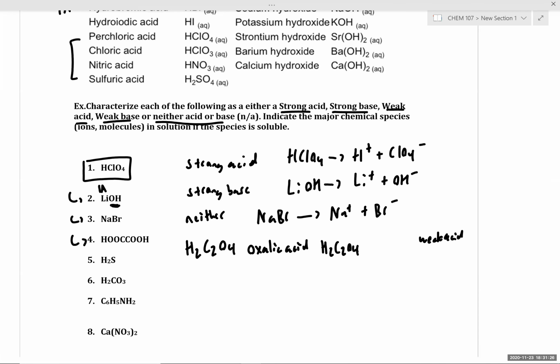For a weak acid, do weak acids dissociate very much? No, not really, exactly right. So we'd have mainly molecular oxalic acid in solution.